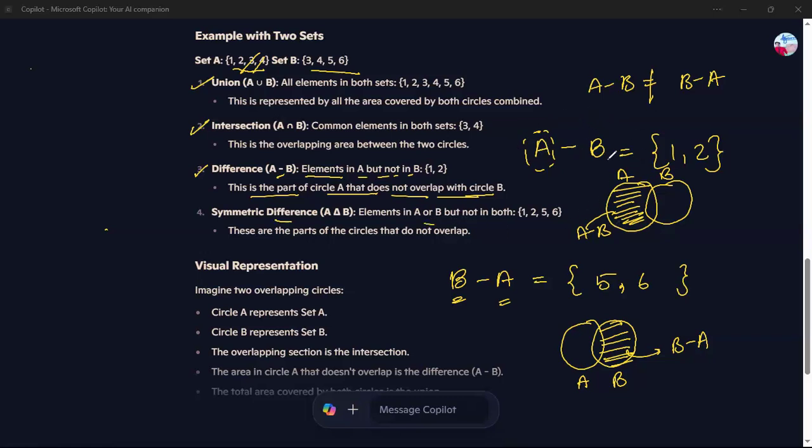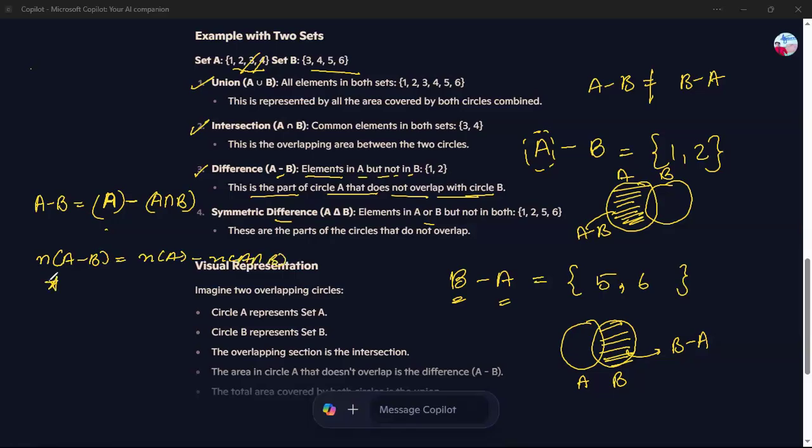Now let's understand one more thing: whenever we are finding A minus B, we are taking the A set and excluding the intersection of both sets, right? So if we have to find the cardinality of this particular set, we can write it in this manner.